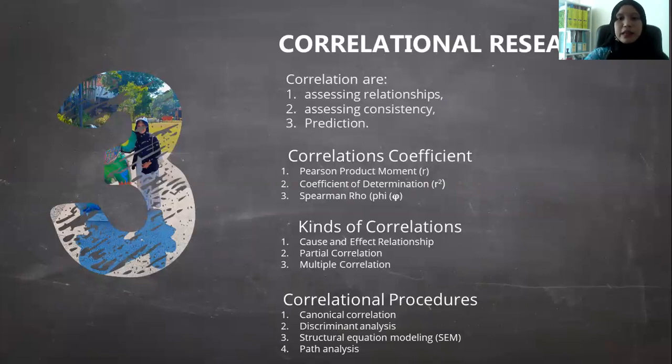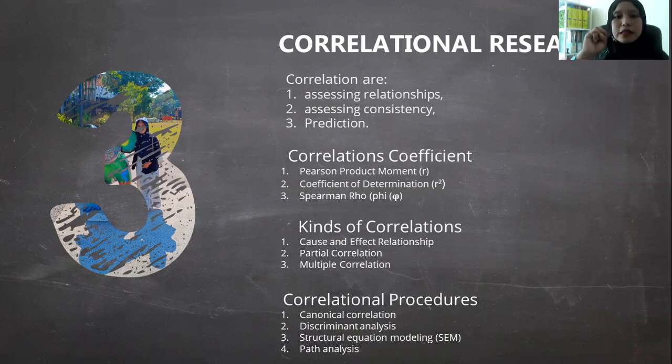But mostly for correlation coefficient, especially for simple correlation, researchers use the Pearson product moment formula to answer whether there is a relationship or no relationship between the independent and dependent variables. The kinds of correlation, like experimental research just now, there are 4 kinds or 4 types.